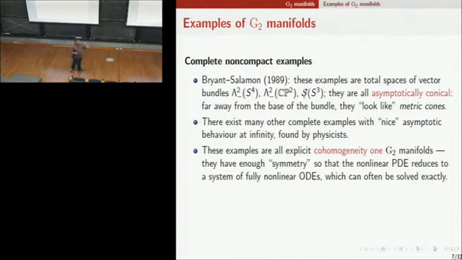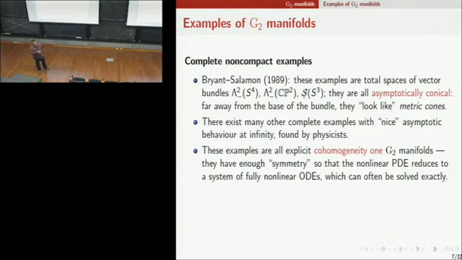There's enough symmetry in the problem that they reduce this nonlinear PDE to a system of fully nonlinear ODEs. It's still a system and it's still fully nonlinear, but they're ODEs, and miraculously these are almost always exactly solvable. So we have an explicit formula for the metric and the 3-form and everything.